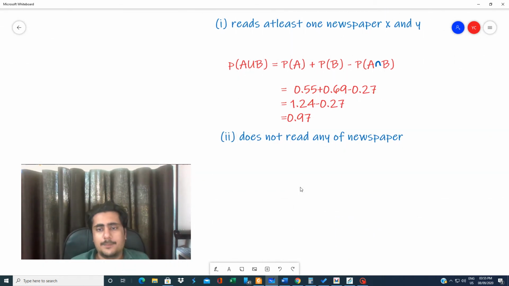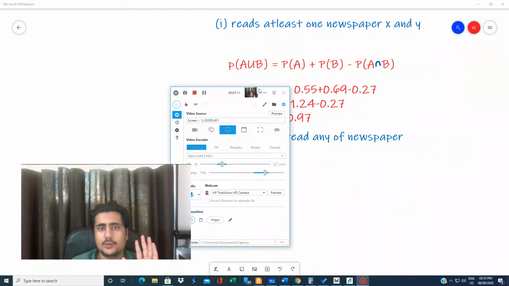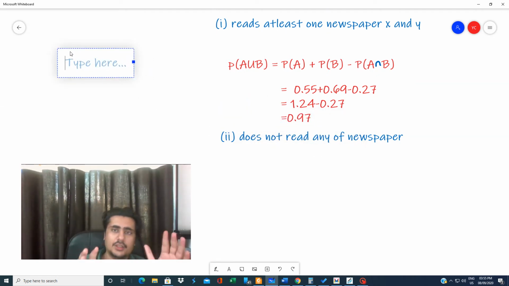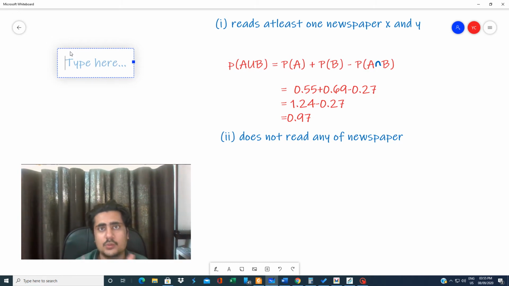Now see, the first question you have solved: he reads at least one newspaper. That means he is reading either X or Y, or you can say both. Just for your good understanding, I am teaching you what the actual situations are. You have two newspapers, X and Y. What are the total possibilities?